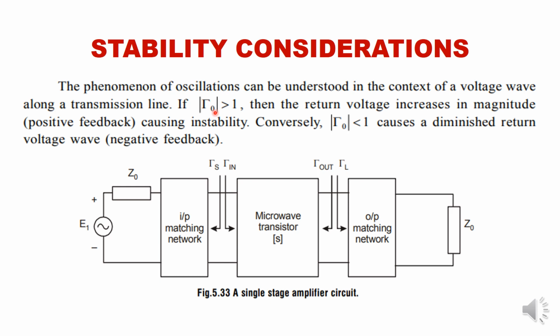The other condition is if tau naught is less than 1, where tau is the reflection coefficient, that will cause a diminished return voltage wave, which is nothing but negative feedback. So only based upon this reflection coefficient, whether it is greater than 1 or less than 1, we look at the stability considerations, whether it is stable.